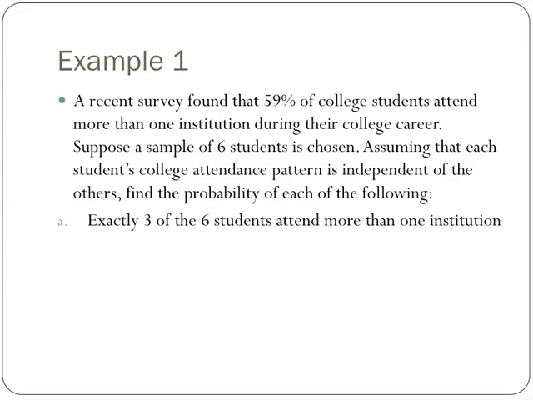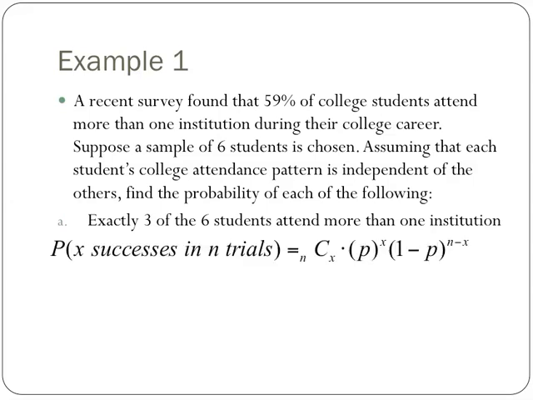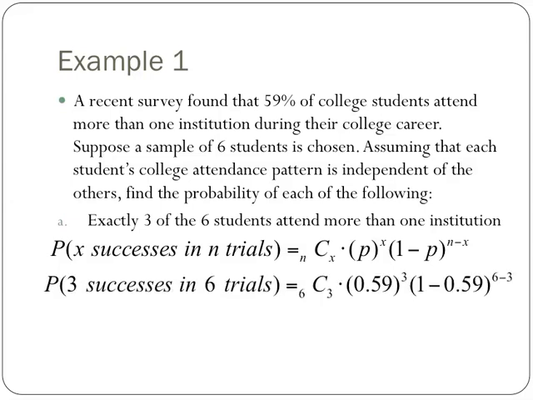Okay, so let's start by first writing out our binomial probability formula here. Now, 3 out of the 6 students attending more than one institution. We're going to call the probability that a college student attends more than one institution our success. So this would be 3 successes in 6 trials.